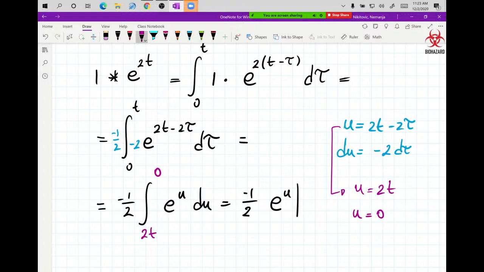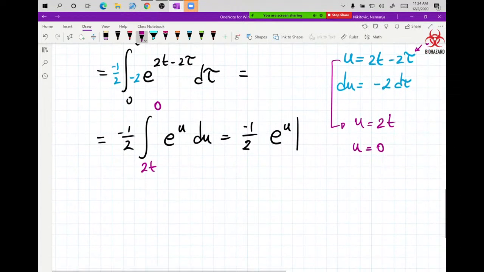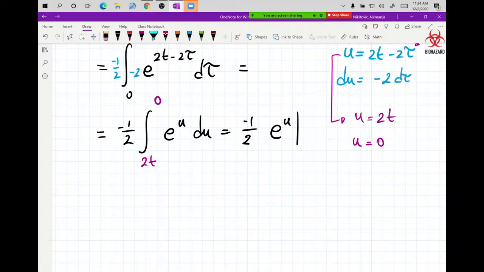Again, the first time around, you plugged in a 0 for tau. That's the lower limit. And then the second pass, you plugged in the t for tau, and it became 2t minus 2t, which gave you 0. So now you can swap the limits and kill the negative. There we go, much better.